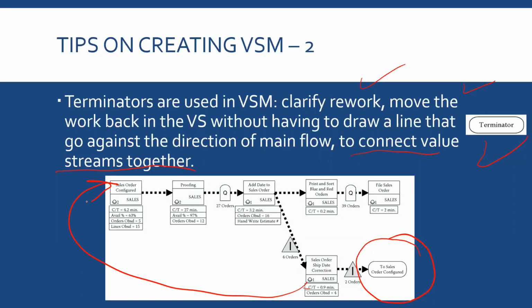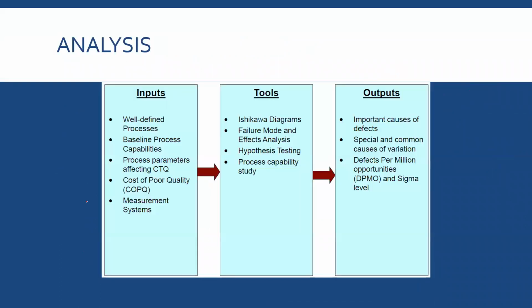All right, that's it for this video. I think we covered all the measurement tools that we need. Now we're going to look into the next phase, which will be analyze. Now we have to look into the process. Now we have a well-defined process. We have the baseline process capability.